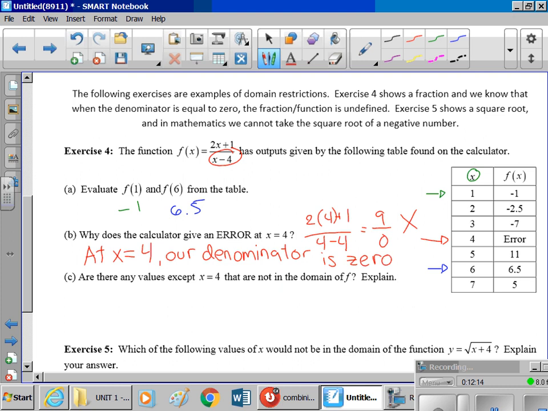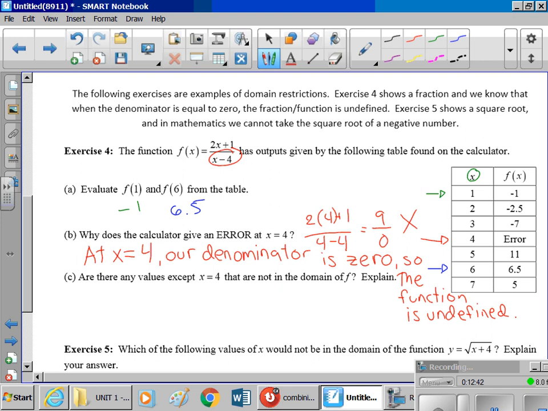So the function is undefined. Okay, I hope that makes sense to you. I'm just going to give you another minute to write that down.